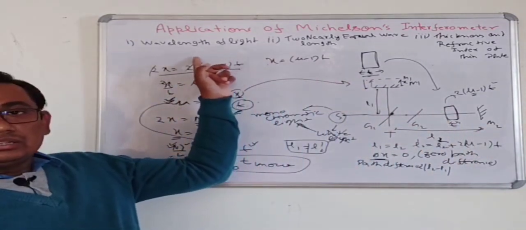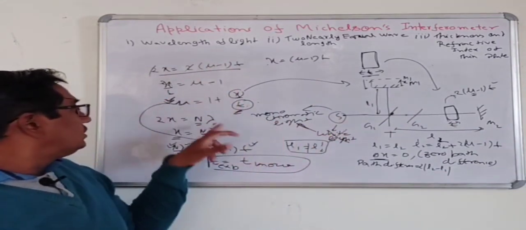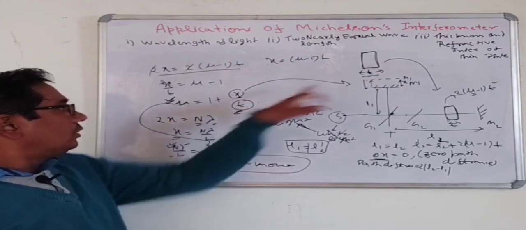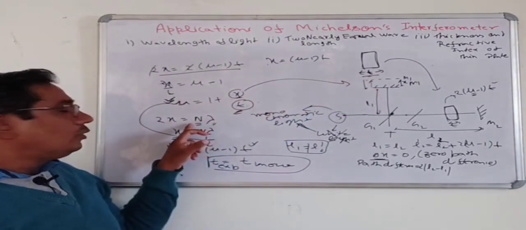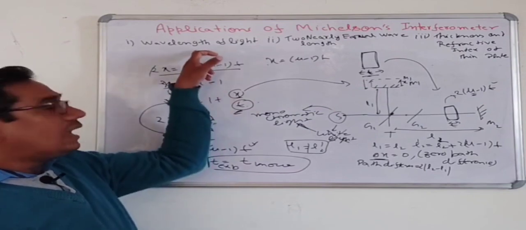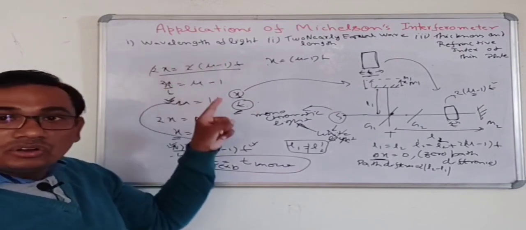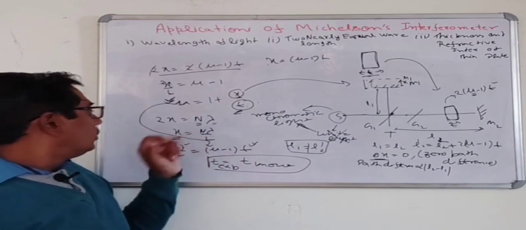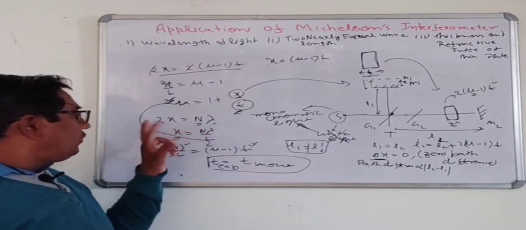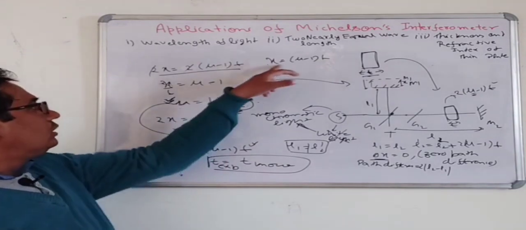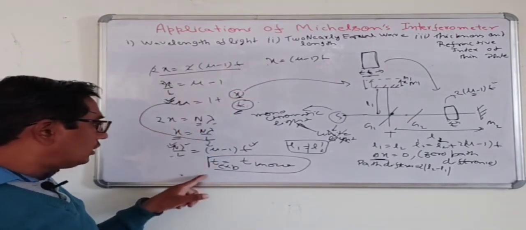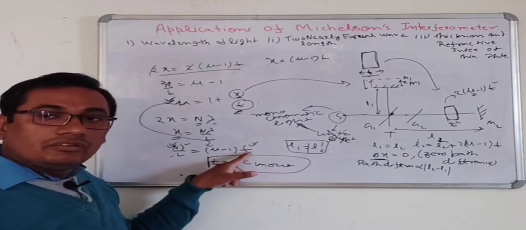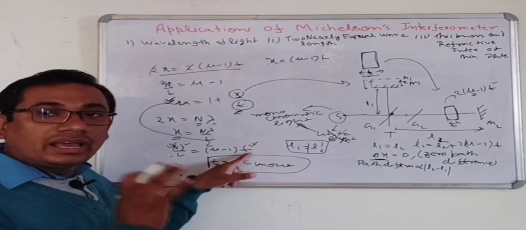When you decrease the x from here to here, this value will be equal to these values. At that condition we used d naught; here we will use x. When they are equal, you put this value here, and you can calculate the thickness of the film when you know the value of the refractive index.